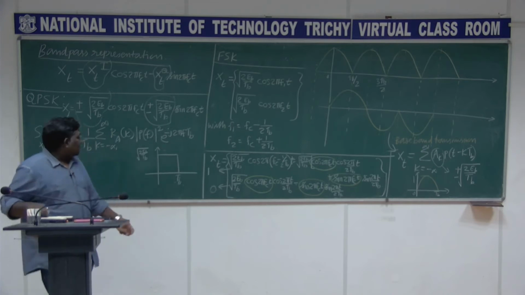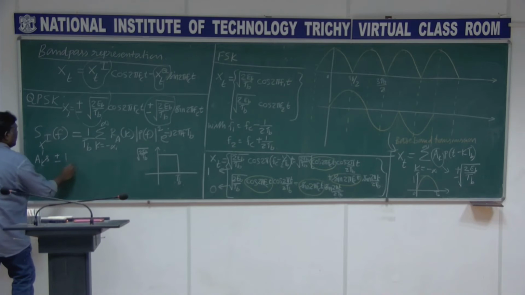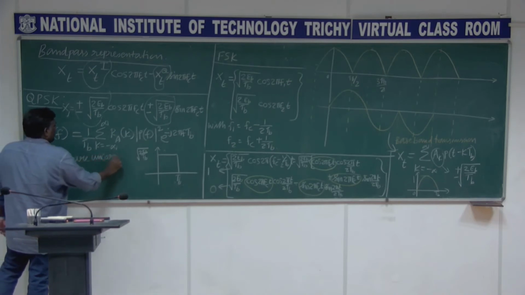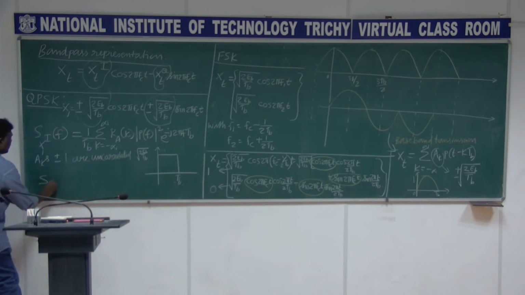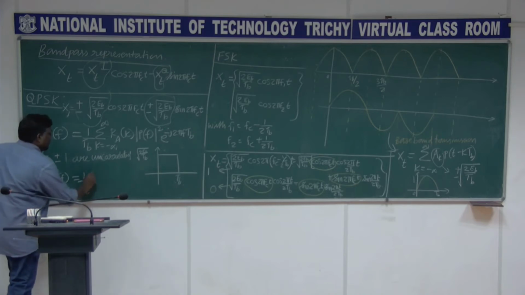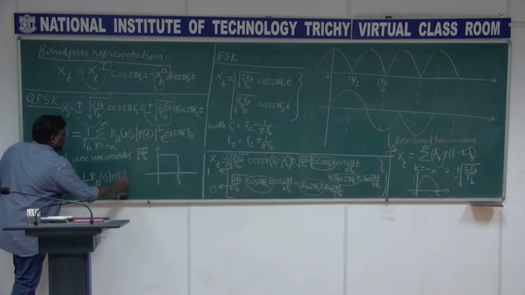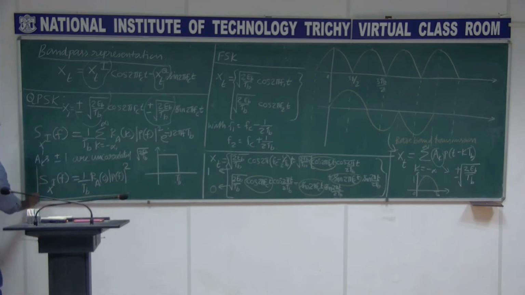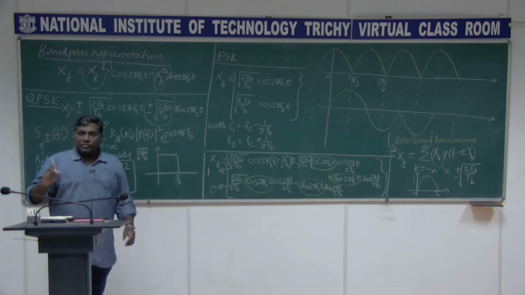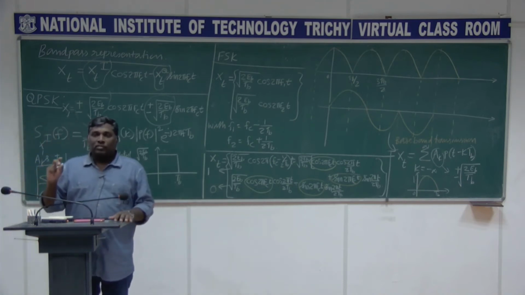In that case, if the A_k's are uncorrelated, then we get 1 by T_B, R_A of 0, times the magnitude square of P of f. A special case.